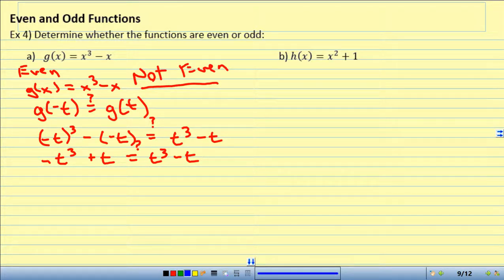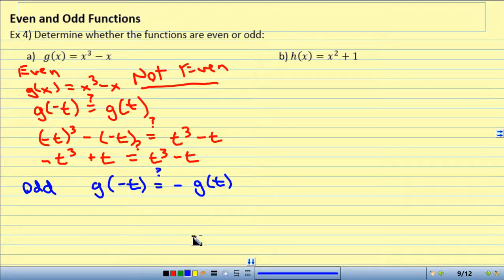So now I'm going to test it for odd. To test for an odd function, I need to find out if g of -t is equal to negative g of t. So g of -t, I need to find this out.